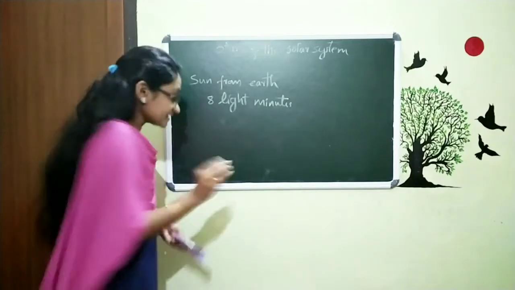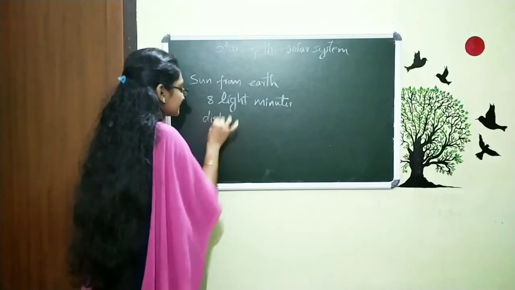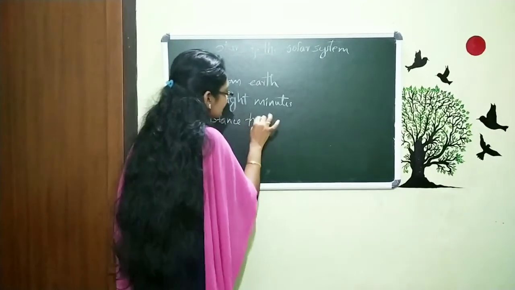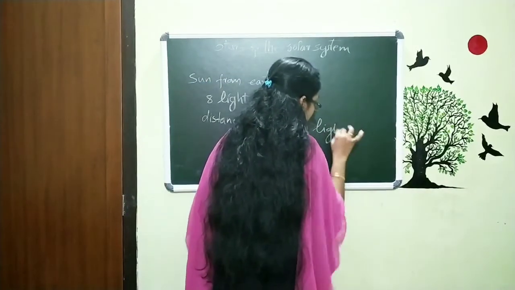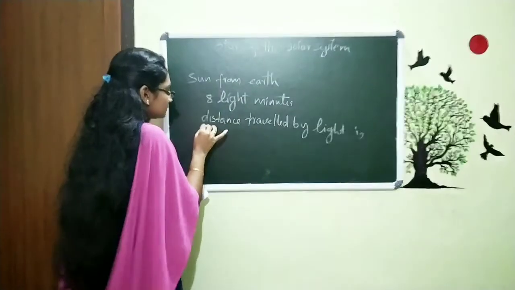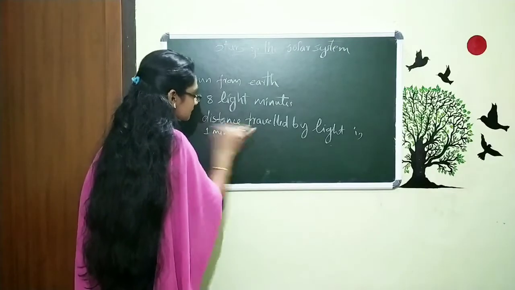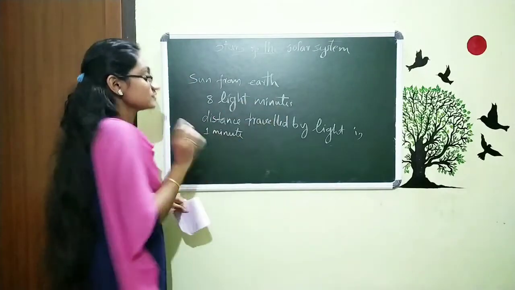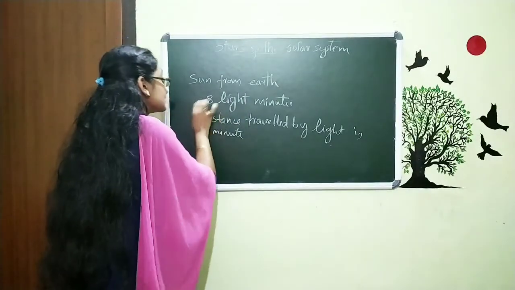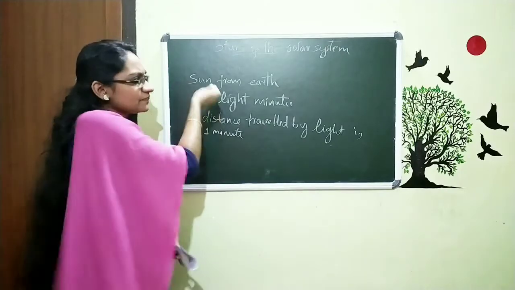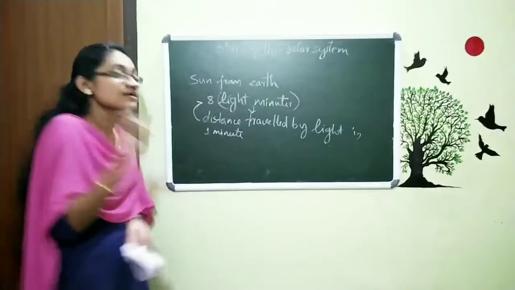The distance travelled by light in 1 minute. That is what this is: the distance travelled by light in 1 minute is a light minute.